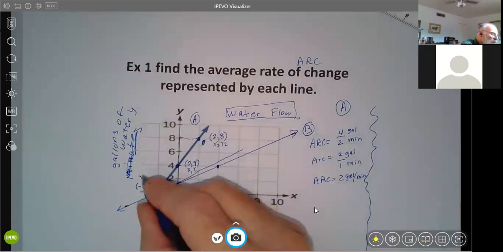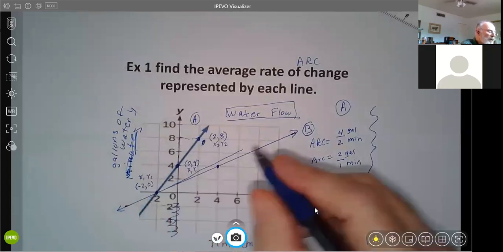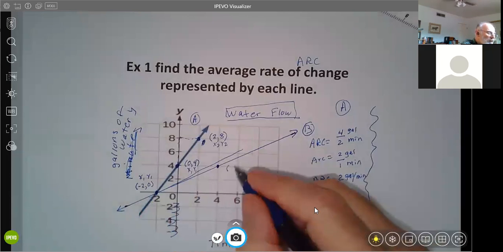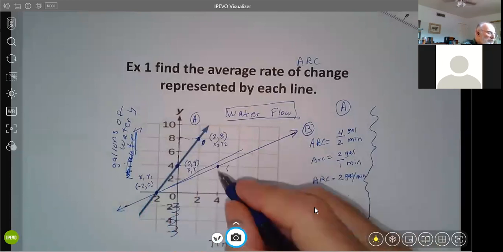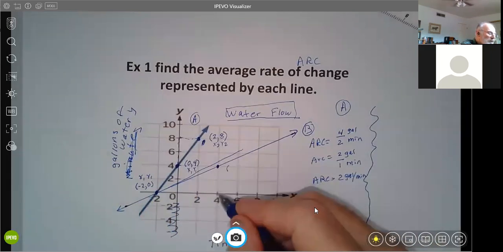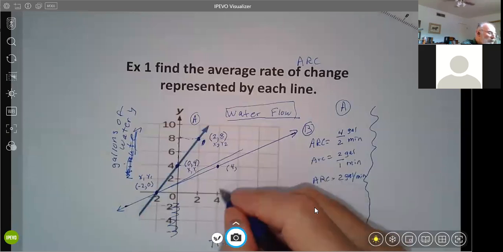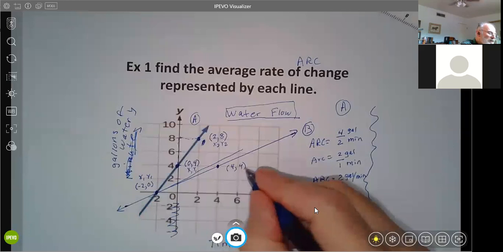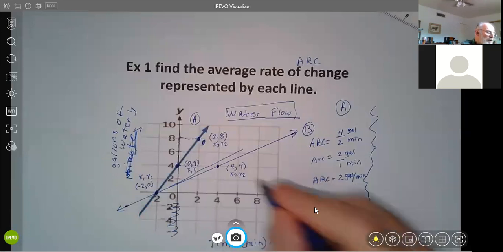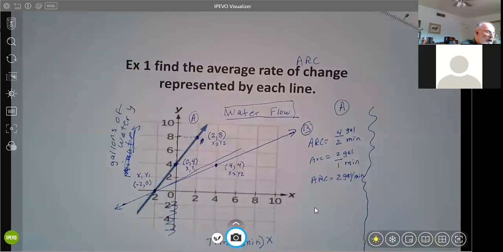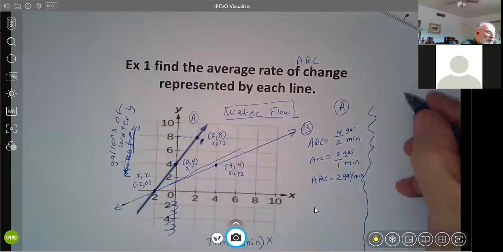And then over here, we've got x is 4 and y is 4. So that's x2, y2. And that'll be my B example.